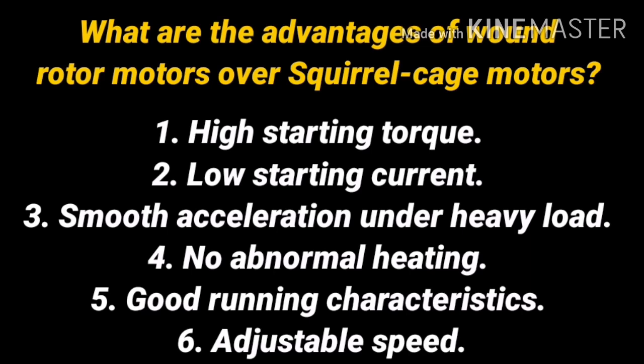Second, low starting current. Third, smooth acceleration under heavy load. Fourth, no abnormal heating. Fifth, good running characteristics. And the sixth one is adjustable speed. These are the advantages of wound rotor motors over squirrel cage motors.